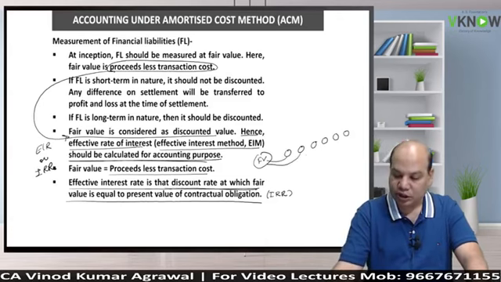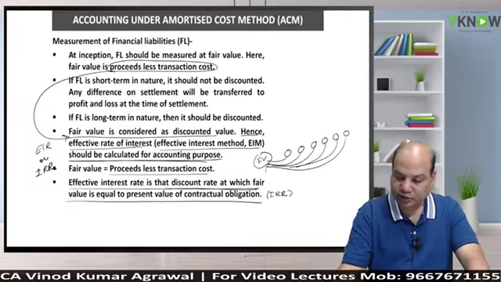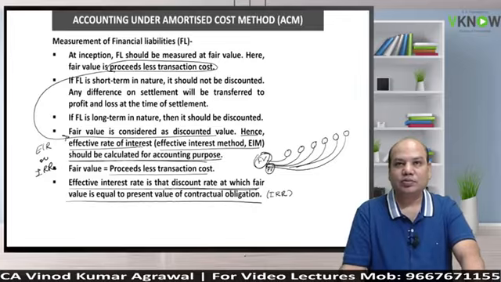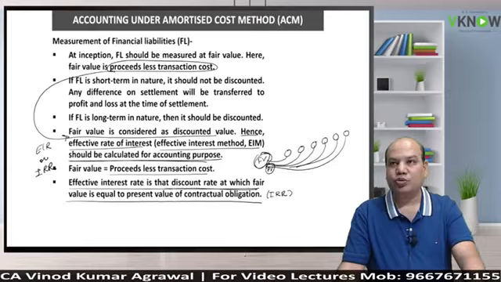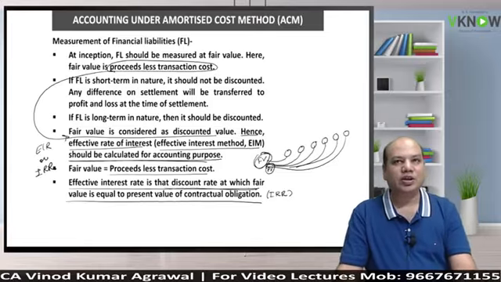Find out a discount rate whose present value is equal to this amount, and that discount rate is called effective interest rate, which means you have to know how to compute the EIR.